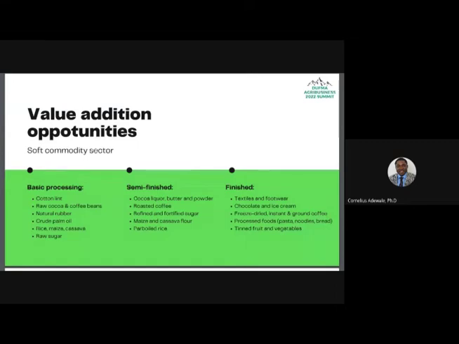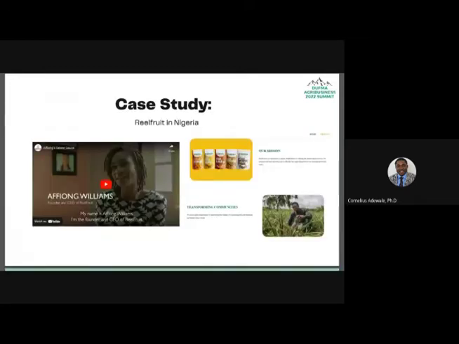So value addition presents a lot of opportunities that remain unexplored. But we see a lot of young people plugging into that, realizing that. But my challenge to all of us is that we need hundreds, if not thousands, of companies like that. For instance, Real Fruit is an example of one.